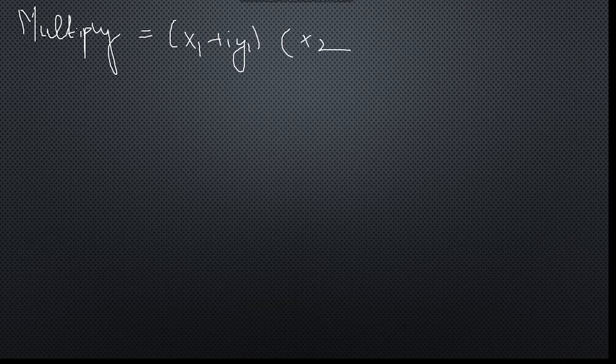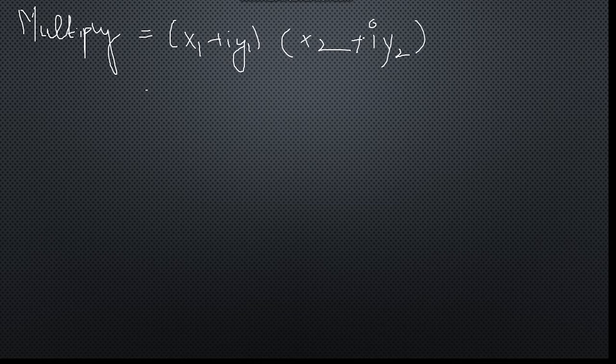Now let us see the multiplication of complex numbers. Let us see what happens when we multiply two complex numbers, Z1 and Z2, or you can say x1 plus iota y1 into x2 plus iota y2.